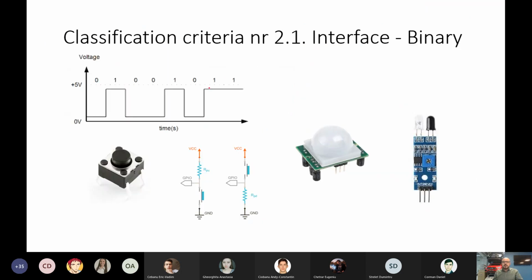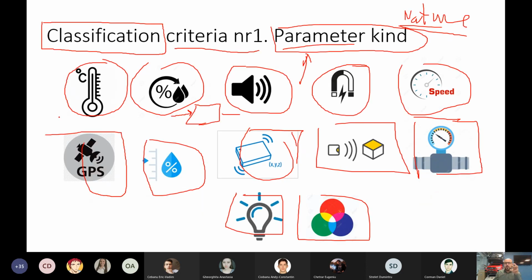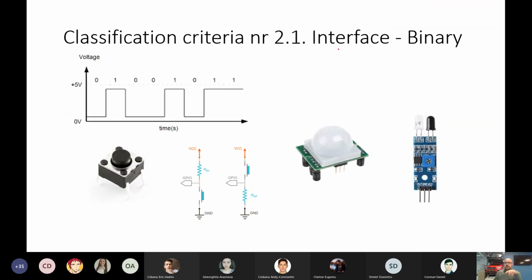Okay, next classification. Let's say we found the proper sensor for what we need, but we will go to the next step, to the interfacing, and we have the first type of interfacing. The simplest way is the binary. We are measuring presence or absence of some values.